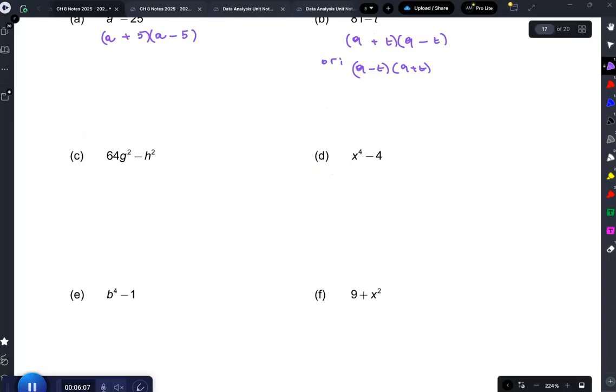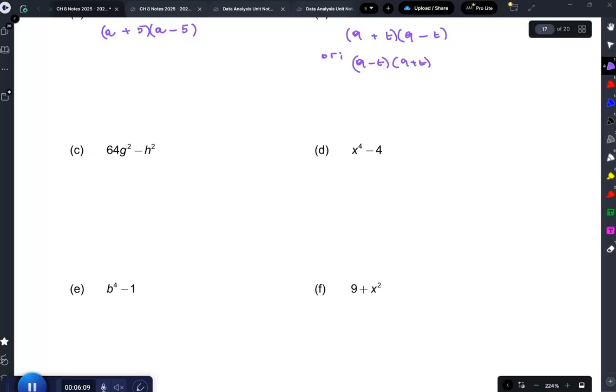How many terms for C? 2 terms. Are they both perfect squares? 64 is a perfect square. G squared is a perfect square. H squared is a perfect square. Is there a subtraction? Yes. So here's what I do.